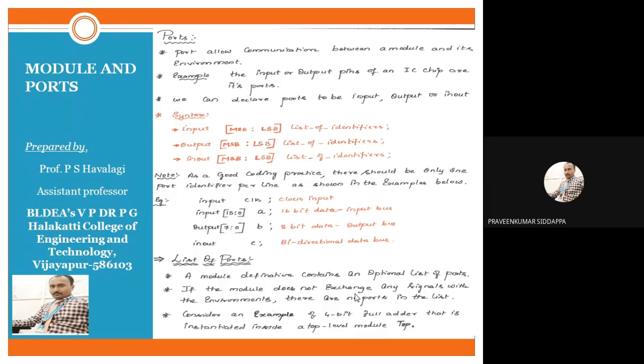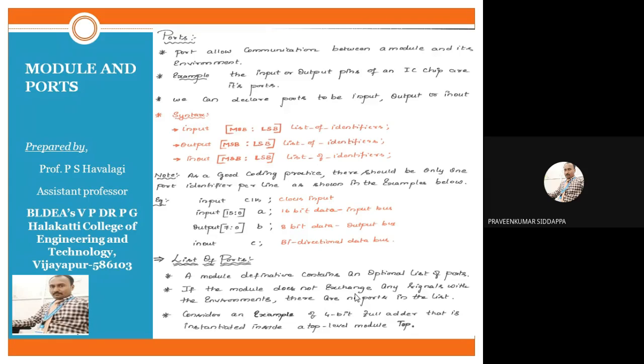If all variables are inputs, then we initialize them by using the keyword input. If all are outputs, we initialize by using the output keyword. If some act like input as well as output, then we write it by using the inout keyword. Okay, after that, within the square bracket, we mention MSB and LSB.